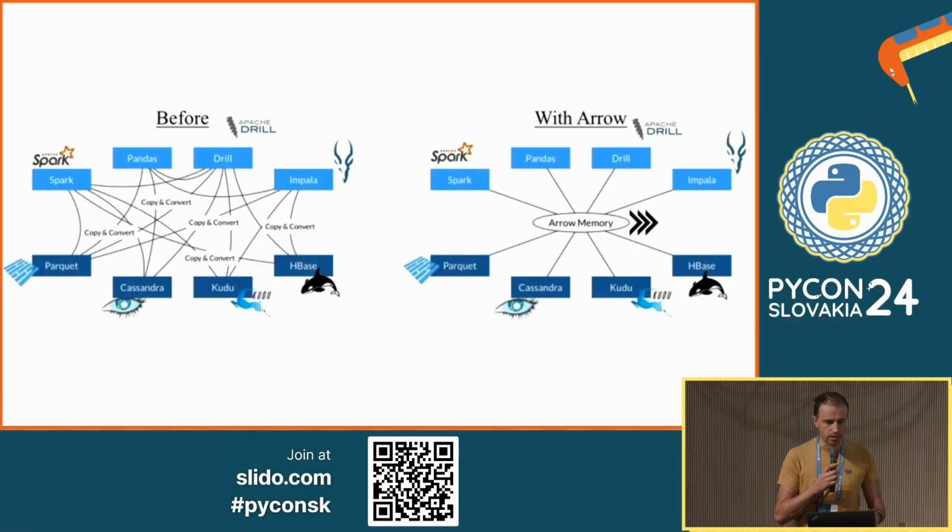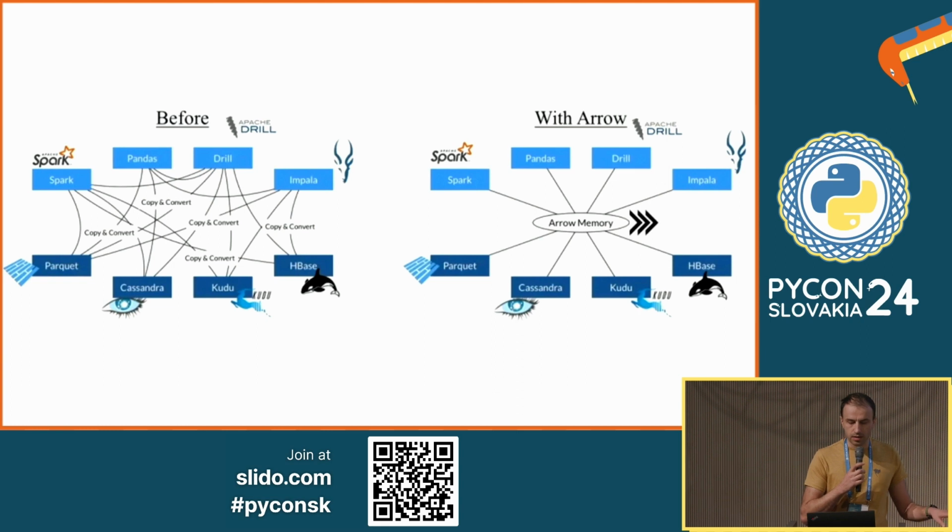Arrow and Parquet is a really good choice for storing the data. Before, you had some data format, CSV, JSON, or whatever, and then you needed to convert it. But with Arrow, you have one memory format which you can use in many tools.